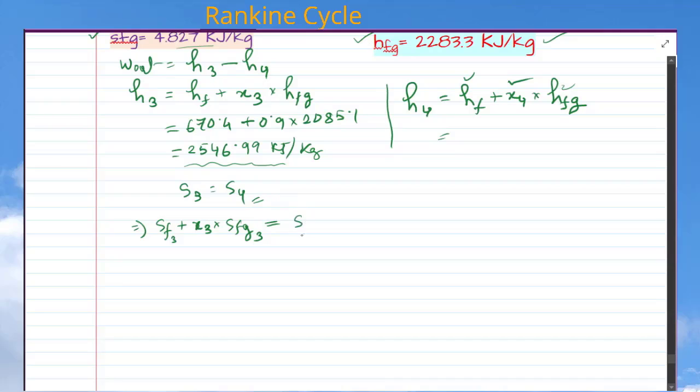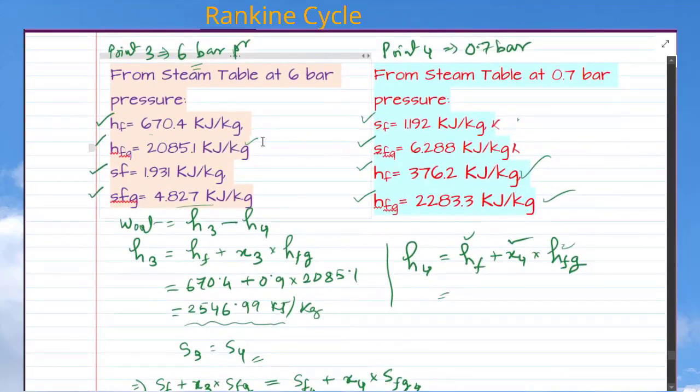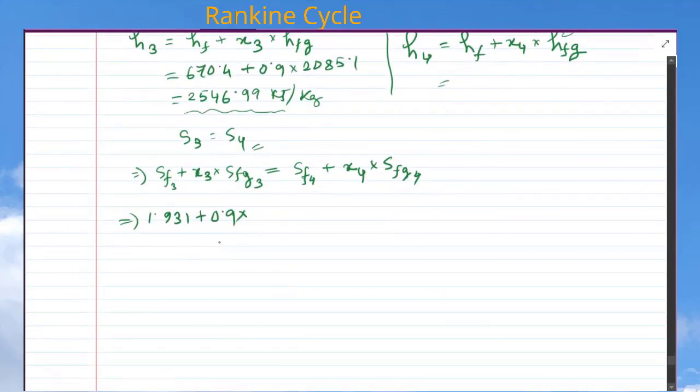S4 equals sf at point 4 plus x4, the dryness fraction at point 4, multiplied by sfg at point 4. Putting in the values we just got from the steam table: 1.931 plus 0.9 into 4.827 is equal to 1.192 plus x4 multiplied by 6.288.